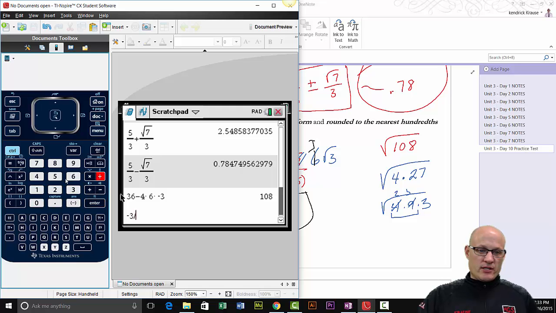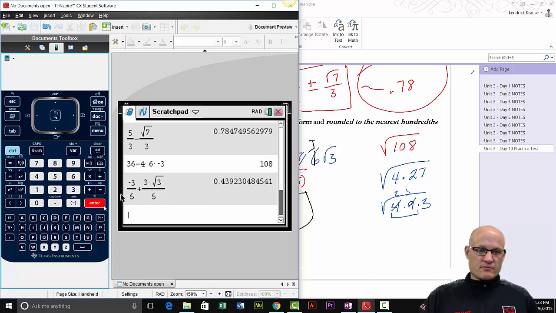Negative 3 divided by 5 plus 3 square roots of 3 divided by 5, I think.